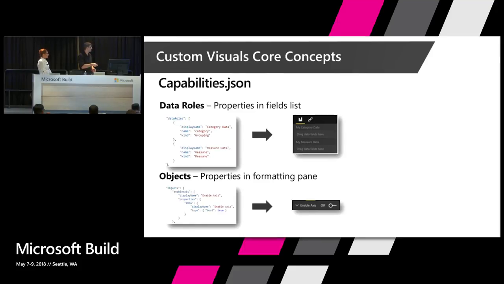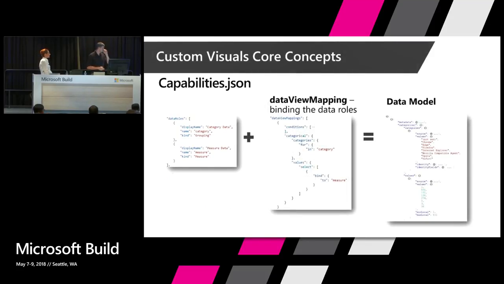The second one is the objects. That's basically the properties that the user will see in the formatting pane. You can define things like the type of axis, the fonts, the colors, whatever affects the general formatting of your visual. So that's the second aspect.